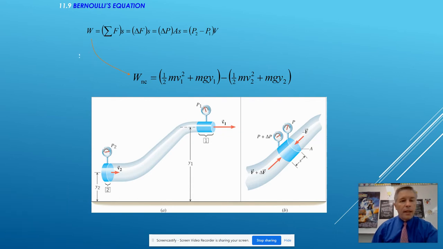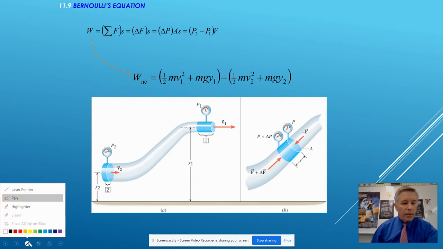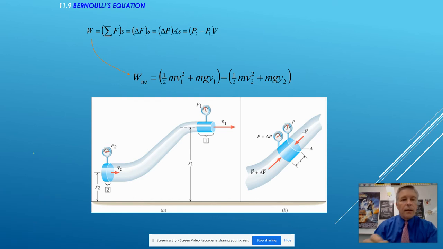What that means for us is that work is going to be our net force times a displacement. They're using S to represent displacement. They're going to talk about a little fluid moving a certain distance in that particular pipe. So they're basically taking this little section of pipe.